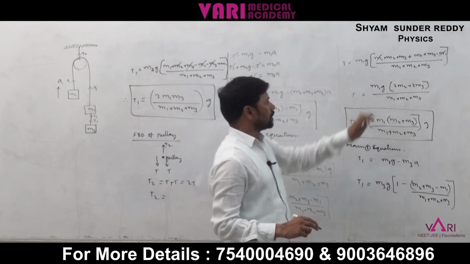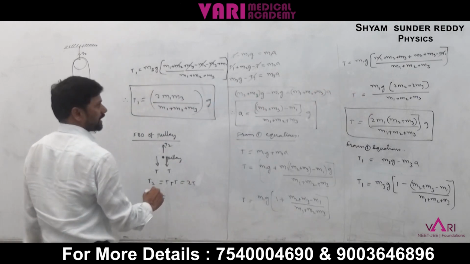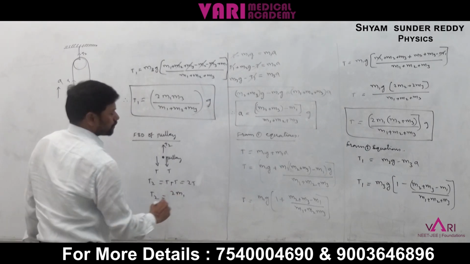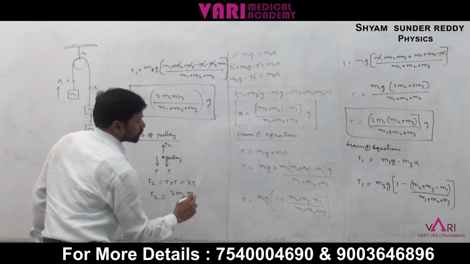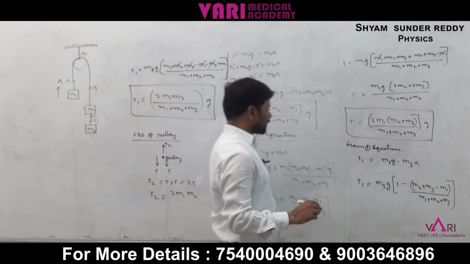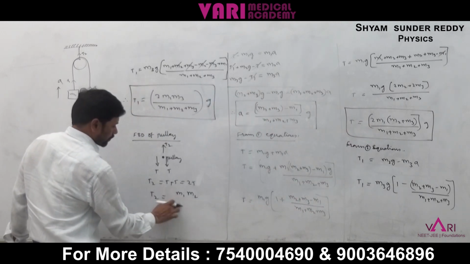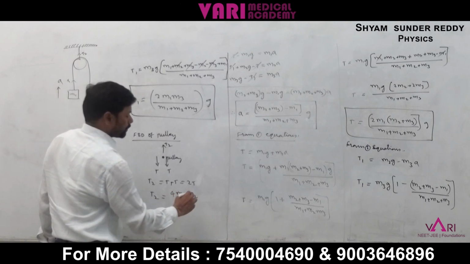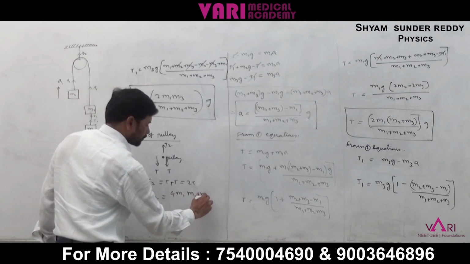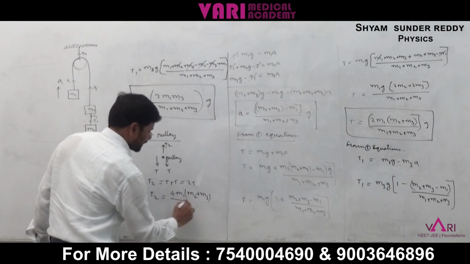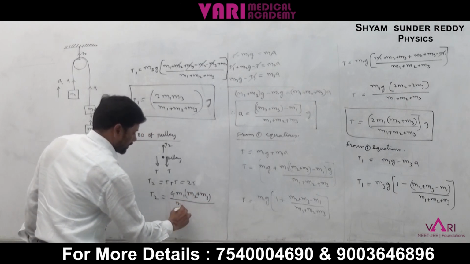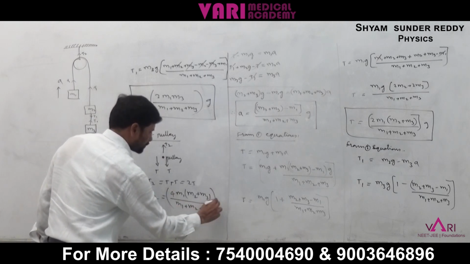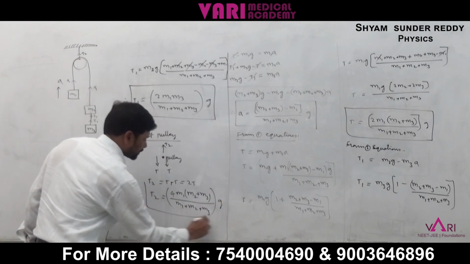Here it is, 2m1 into (m2 plus m3), and already 2 is there, so it is 4m1 into (m2 plus m3) divided by (m1 plus m2 plus m3) into g. This is the T2 value.